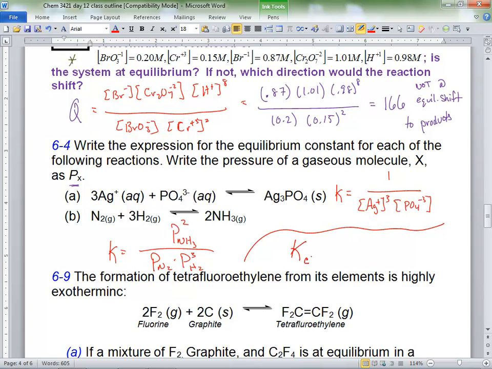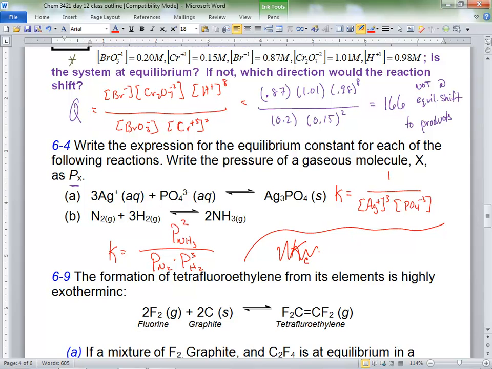C stands for concentration. Yeah, so the pressures need to be in what units? Bars. Yeah. Okay, C would be molarity. Everything's in molarity. Even the gases are in molarity. But we're not here yet, so I don't want to confuse you.